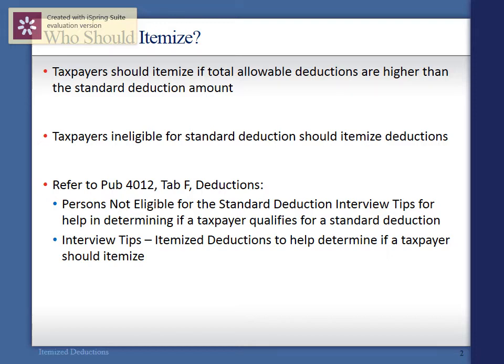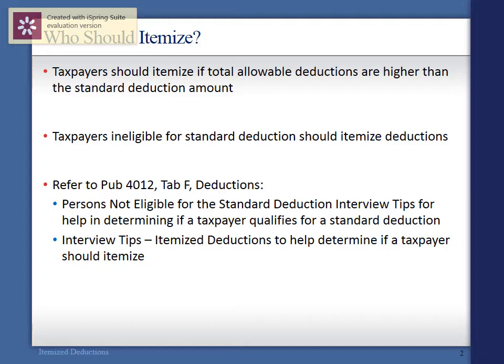So when should someone itemize a deduction? Remember, an itemization really means just to list out. So there's a list of particular types of costs or deductions that people are allowed, and the question is when should they take them? You take your itemized deductions when those itemized deductions are higher than what is called the standard deduction.